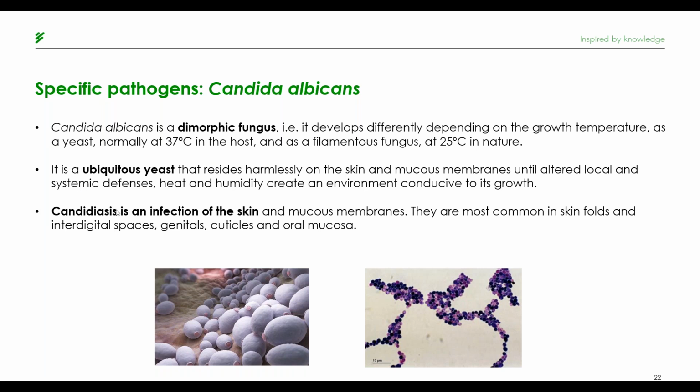The infections caused by Candida albicans are called candidiasis and are infections of the skin and mucous membranes. They are mostly found in the skin folds, interdigital spaces, genitals, cuticles, and oral mucosa, and they provoke swelling and redness, and when it affects the mucosa of the mouth, it produces very distinctive white secretions.